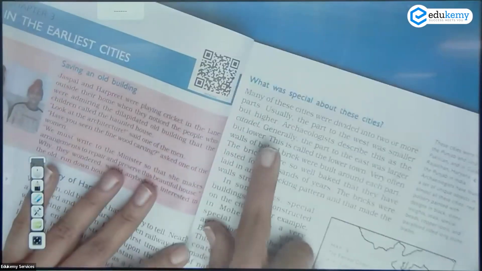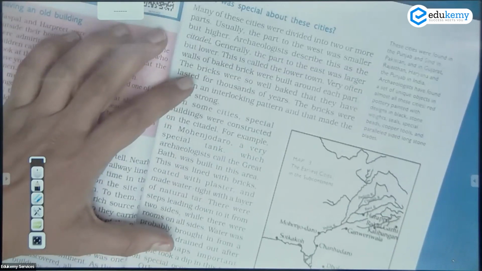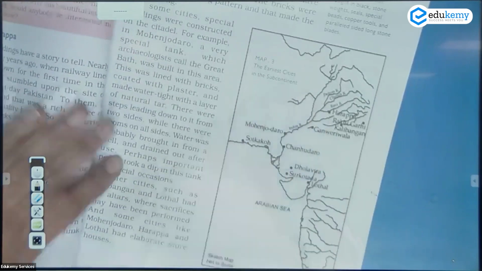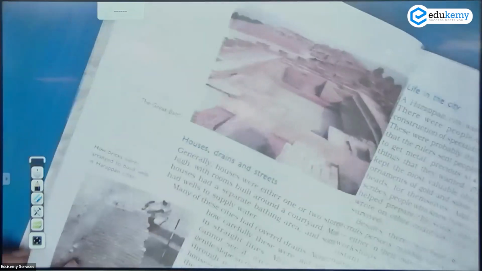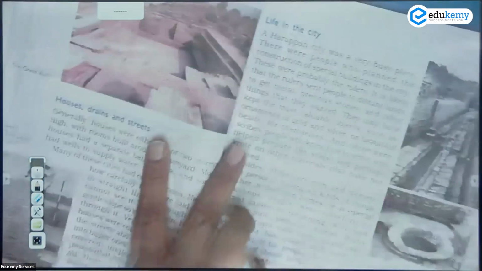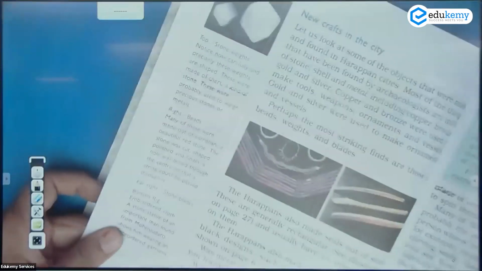Now, people, what was special about these cities? So, you know about architecture के बारे में लिखा है कि कैसा bricks use हुआ था, citadel कैसा था, baked bricks use होती थी. उसके बाद आपका यहाँ पे major cities दी हुई हैं. यहाँ पे major cities दी हुई हैं हरप्पा की. Then you have the architecture. You know about the life in the cities. Yes. So everything people are writing about the crafts.